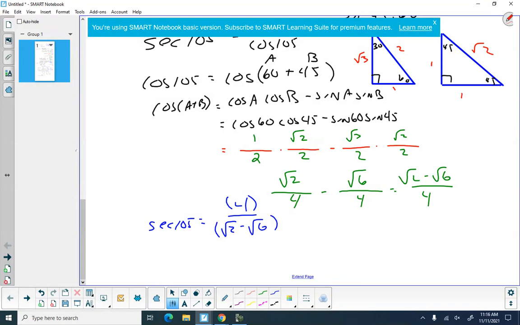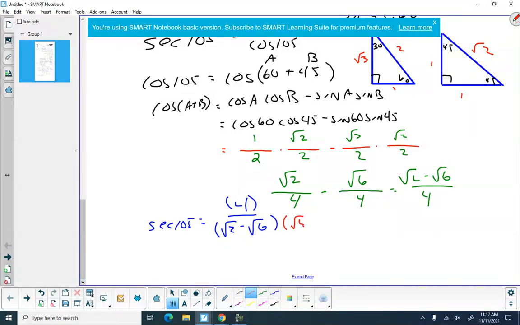My suggestion to you is you do that, and if you have time at the end of the test, come back and rationalize. If you don't have time, leave it alone. 1 point's not a big deal. But to rationalize this, we have to multiply by what? Radical 2 plus radical 6. Very good.